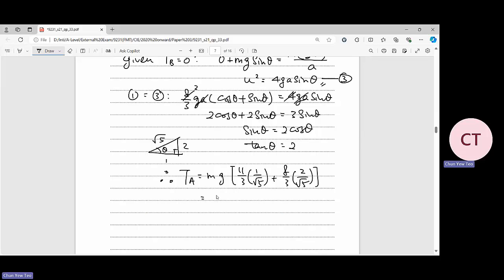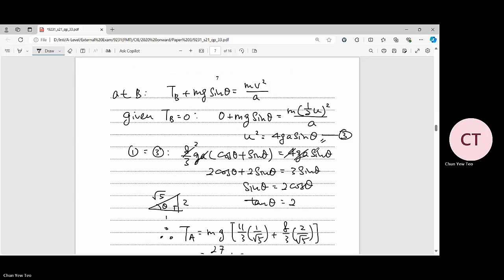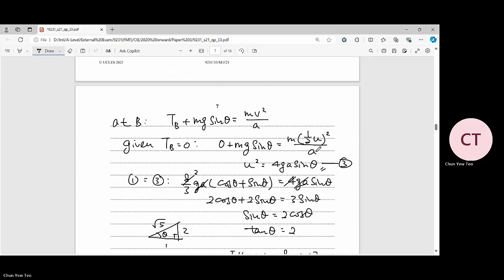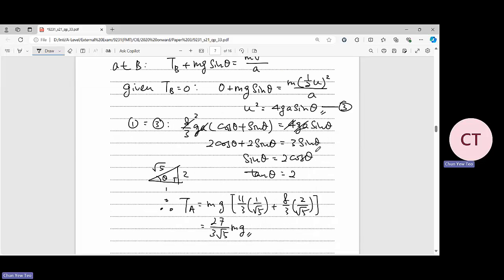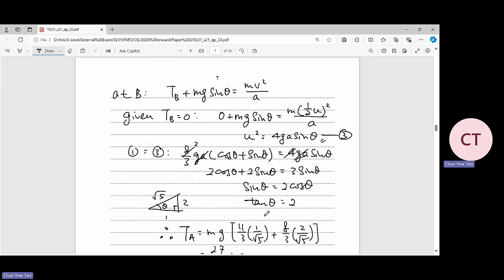So 11 plus 16, 27. So you get 27 over 3 square root of 5 mg. Okay, so that will be the answer for question number 4.